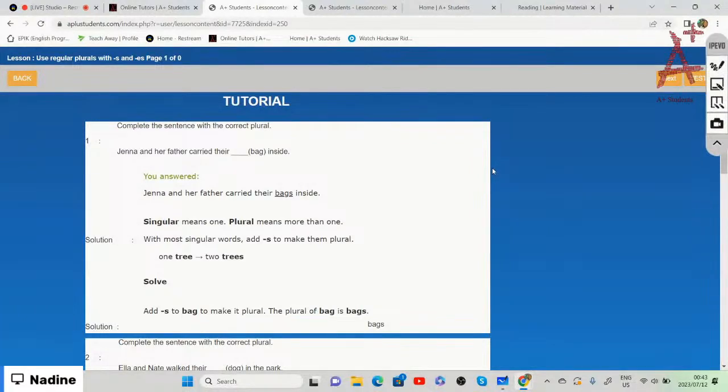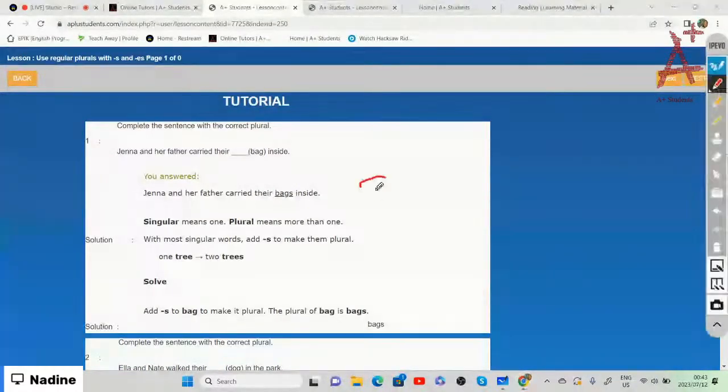We said that if a word, for example, like story is singular, in order for that word to change to a plural, we drop the Y, or we remove the Y, we add IES, right?